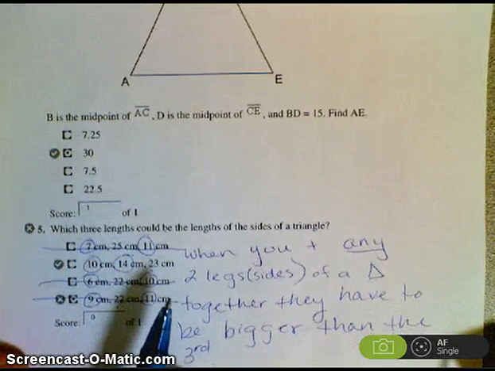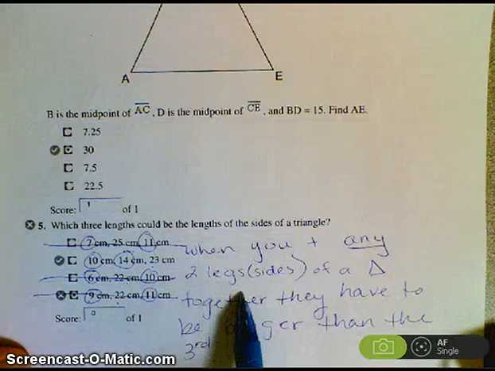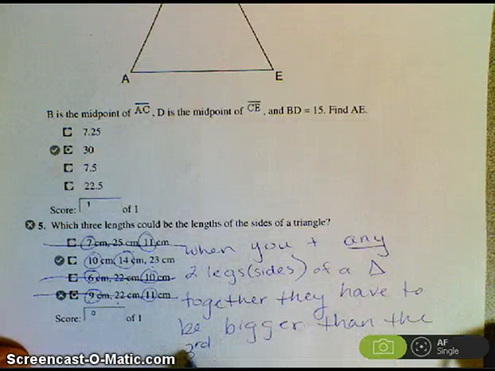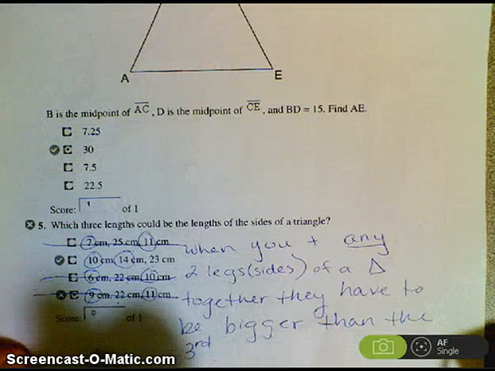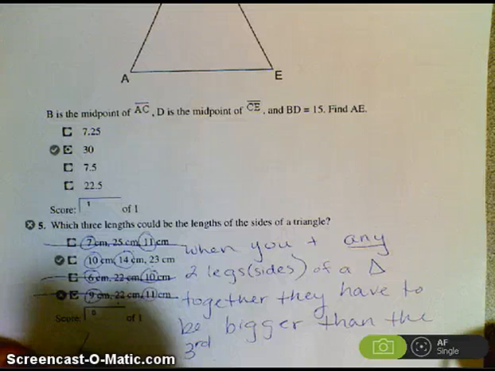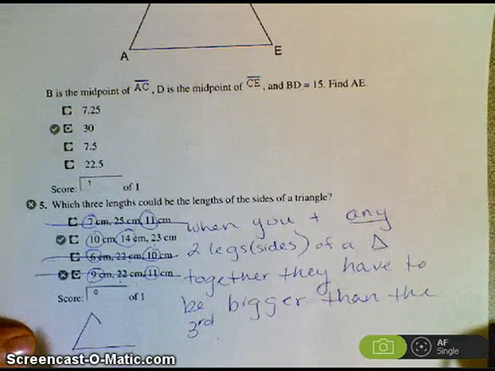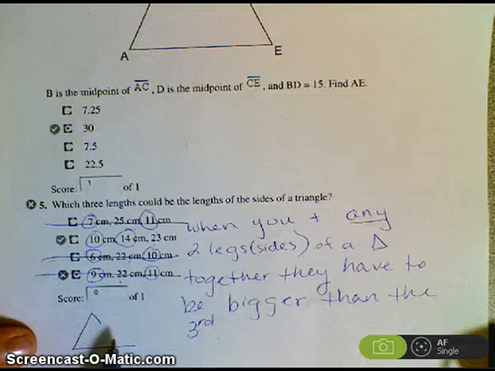So you just have to remember, when you add any two sides of a triangle together, their length has to be bigger than the third side. Otherwise, there's no way to connect that third side down to the other two to form a legitimate triangle.